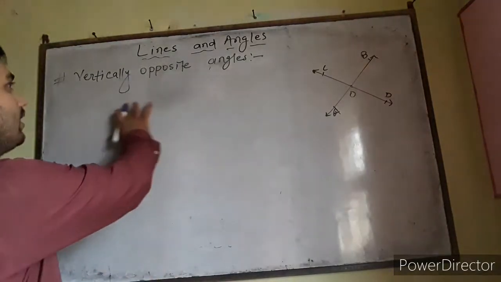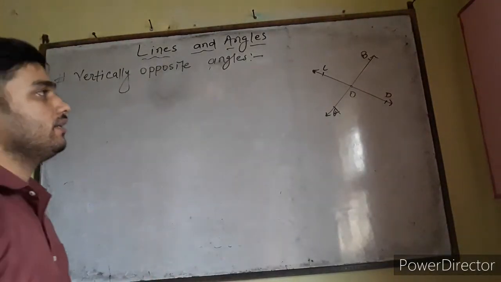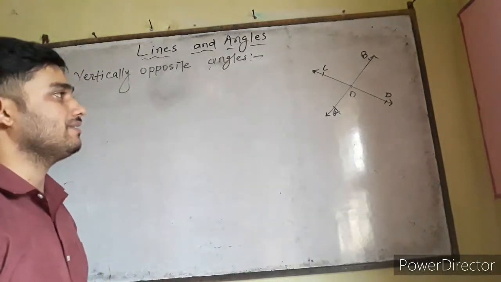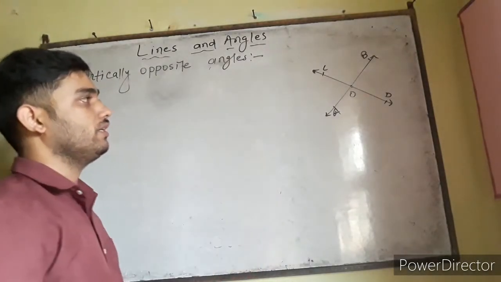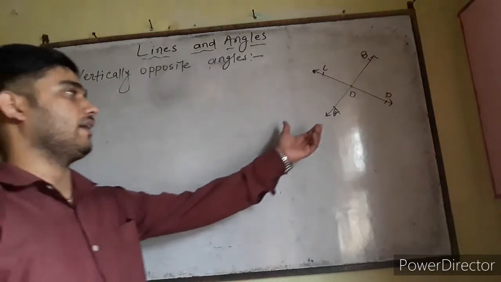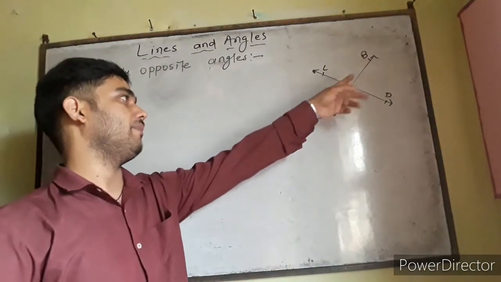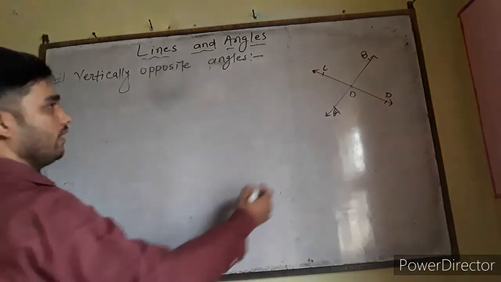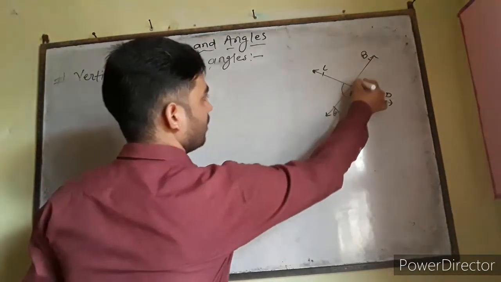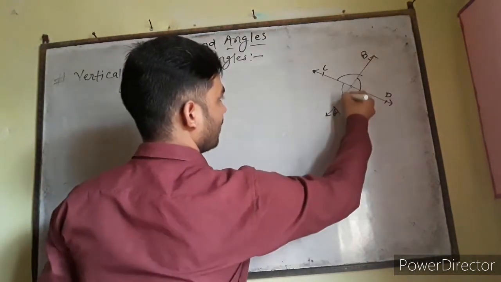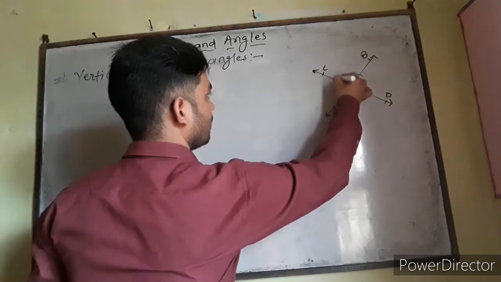Next is vertically opposite angles. If two lines intersect at a common point, then the vertically opposite angles will be equal. So this angle will be equal to this, and this angle will be equal to this.